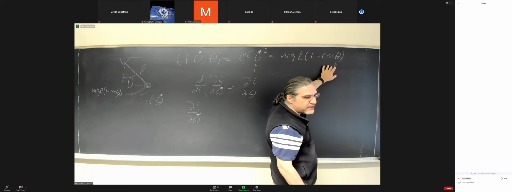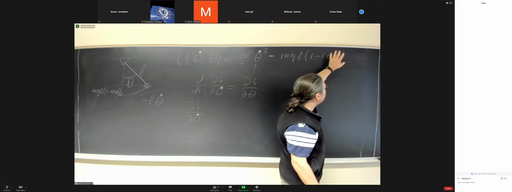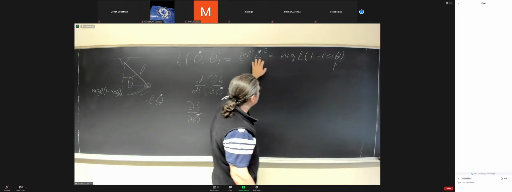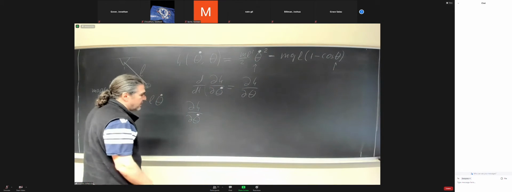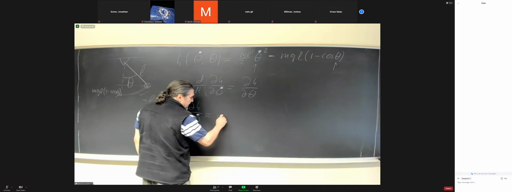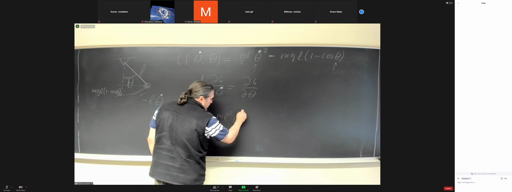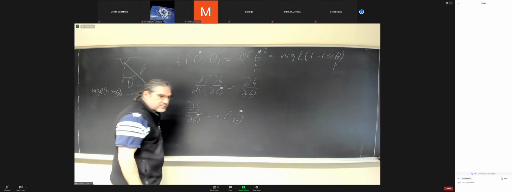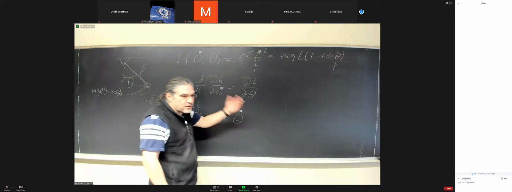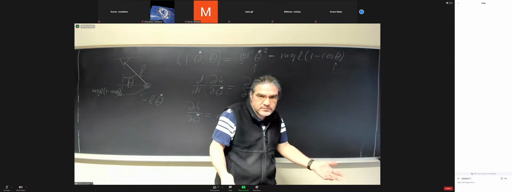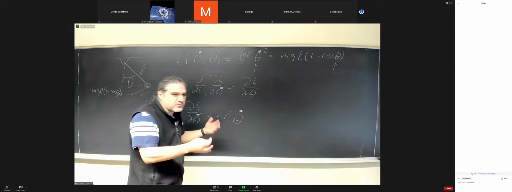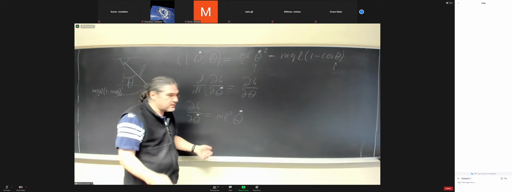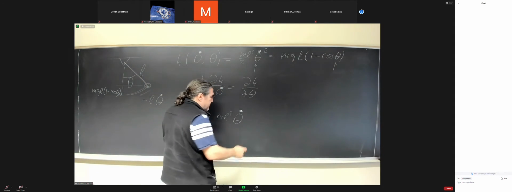I must fix it and differentiate only with respect to this theta dot. So what I will have is ml squared theta dot. Theta dot is its own letter. I just differentiate with respect to theta dot. That's all. It's actually simpler than you think.